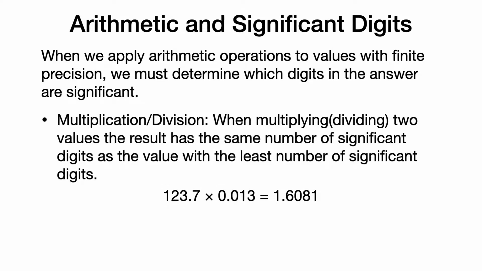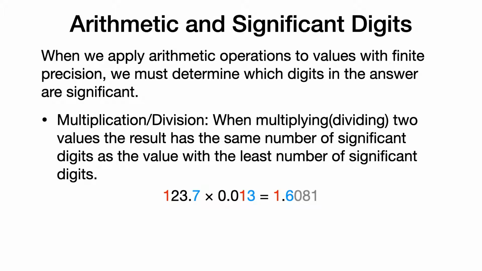Some examples will help here. So we multiply the numbers 123.7 times 0.013, and we get 1.6081. That's the full answer. But if we look at the most and least significant digits in each number, we see the first number has 4 significant digits, the second number has 2 significant digits, and therefore our result will have 2 significant digits.